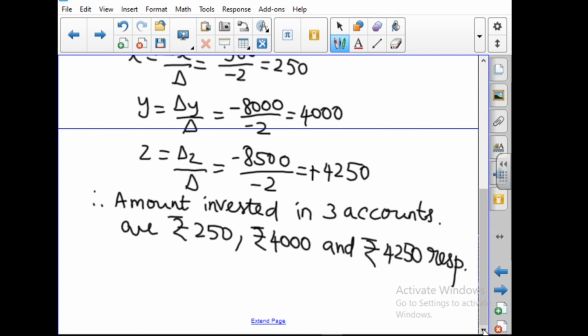Okay. So we have studied today how to find out the solution using Cramer's rule.